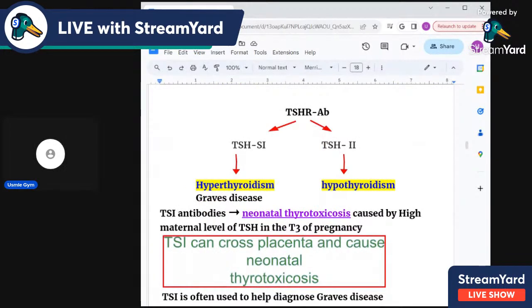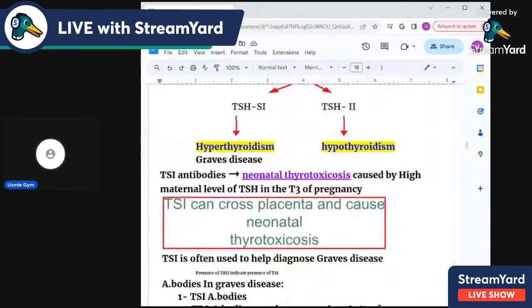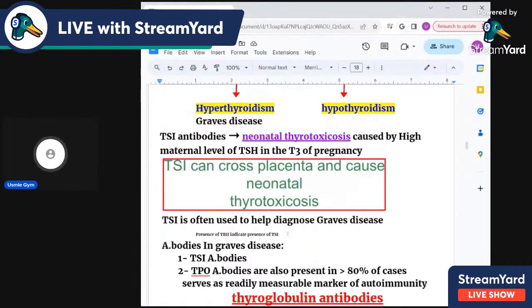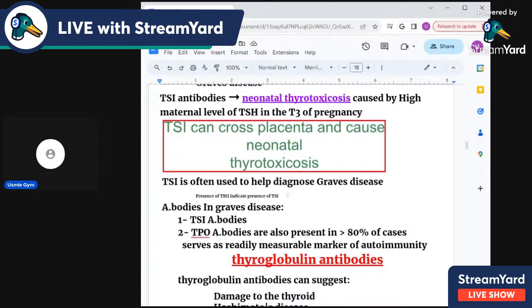The TSI antibody, stimulatory immunoglobulin, can cross the placenta and enter the neonate in intrauterine life, causing neonatal thyrotoxicosis. So TSI can cross the placenta, as thyroxine does. So if the mother has hyperthyroidism, it may cause neonatal thyrotoxicosis.